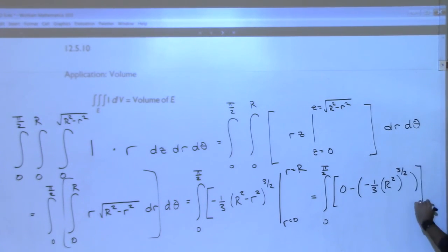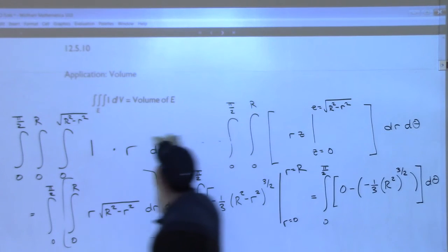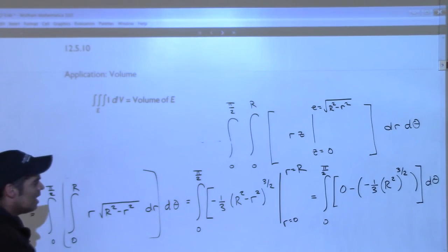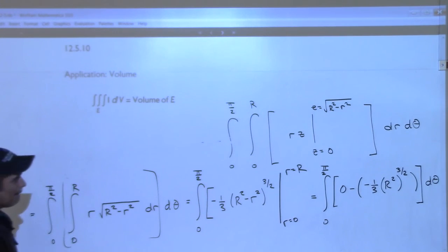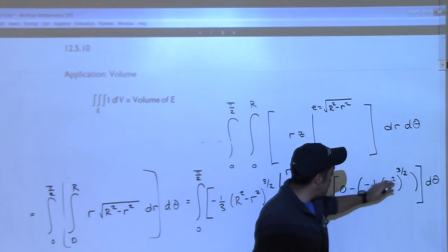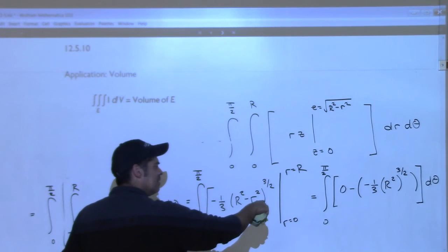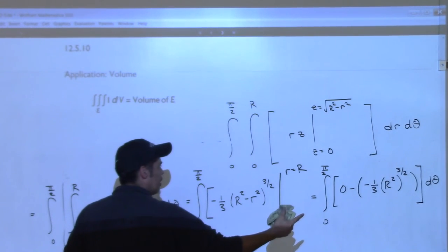And then d theta, right? What does that turn out to in the middle there? 1/3 R cubed, right? When you raise these powers, you multiply them, so that's just going to give you R cubed. Did I say negative? I meant to say 1/3.